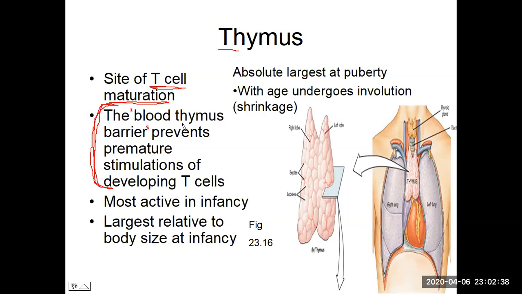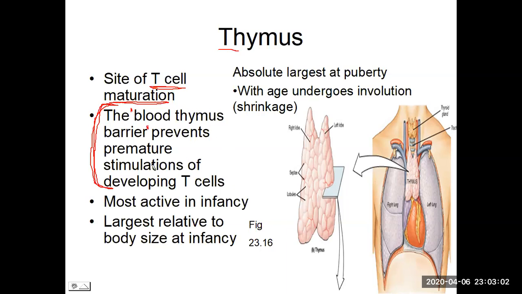There's a barrier between the thymus and the capillaries of the cardiovascular system. Again, we don't want to expose immature, not fully developed T cells to any of our natural antigens until they've learned to recognize our own healthy tissue.